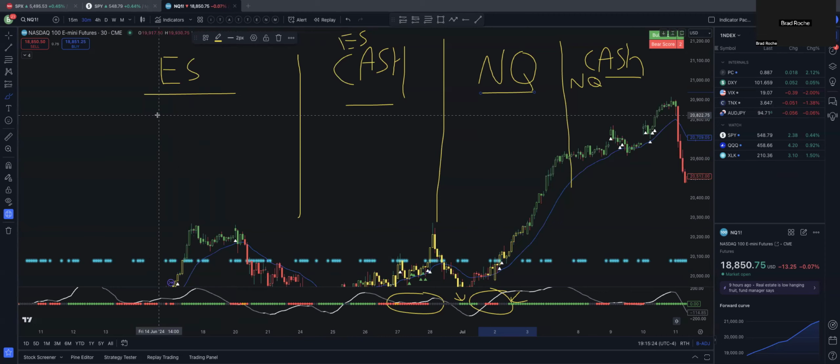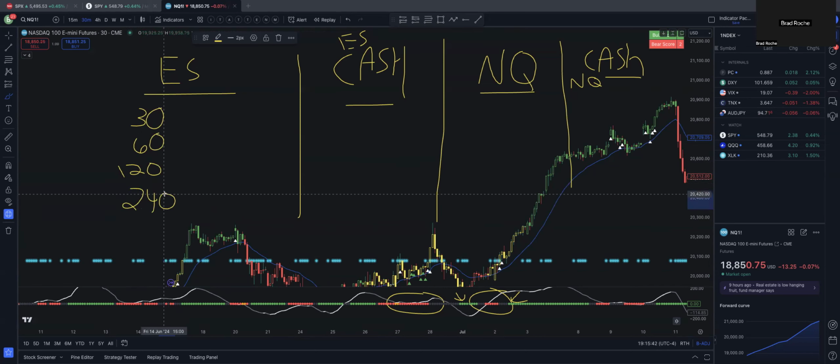On the 30-minute chart, there's the 30, the 60, the 2 hour. Oh, wait, I'll do the 120 just to keep it consistent with time values. 240. Okay, so these intraday time frames, and then we'll also throw the 15-minute in.